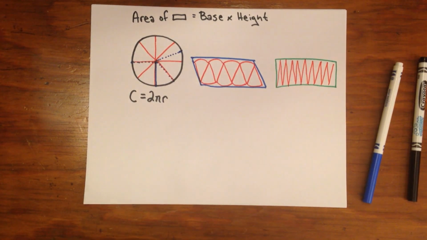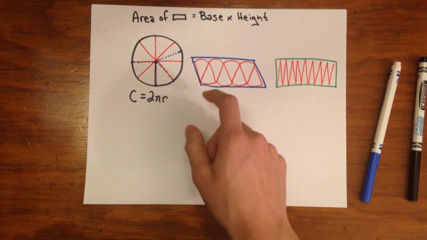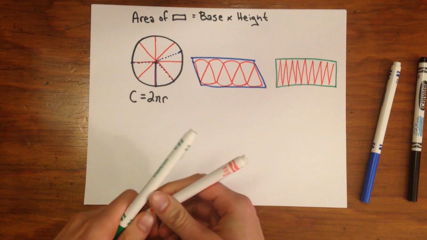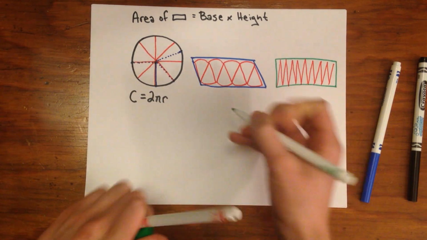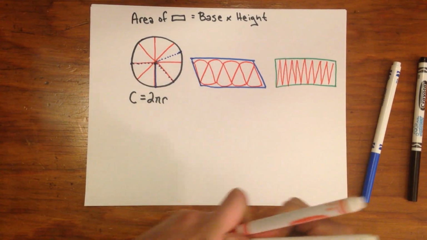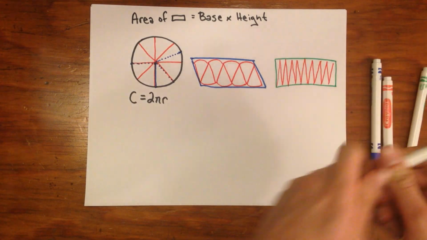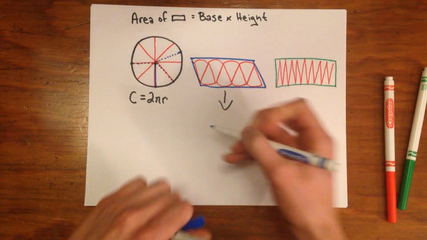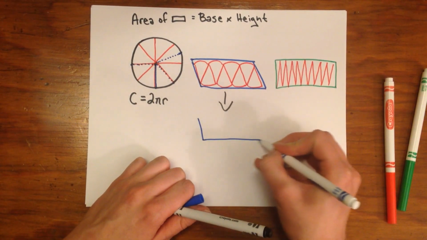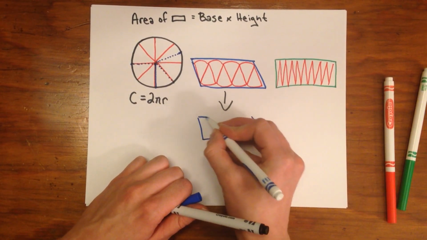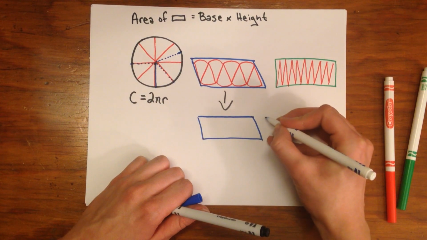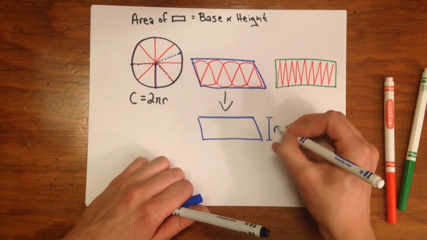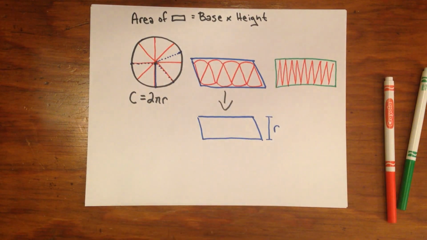So then from there, we can say, well, we know that the height of this is going to be the same as our radius, okay? So we're going to redraw this down here a little bit. We're going to play with our parallelogram down here. And we know that the height here is going to be our radius from our original circle.